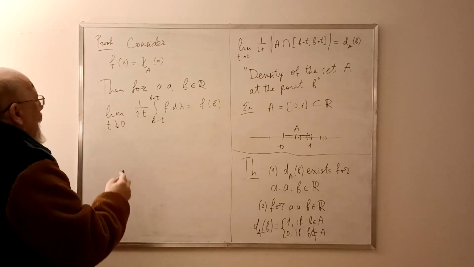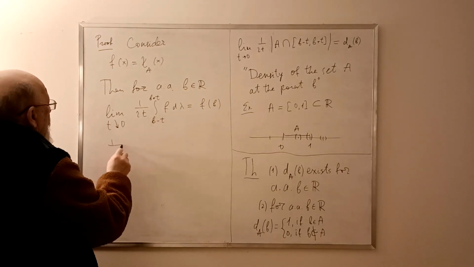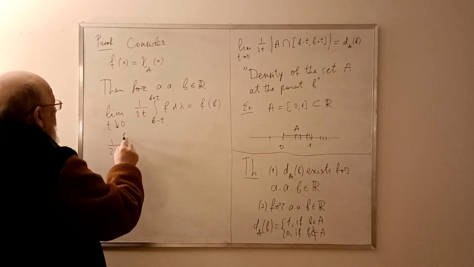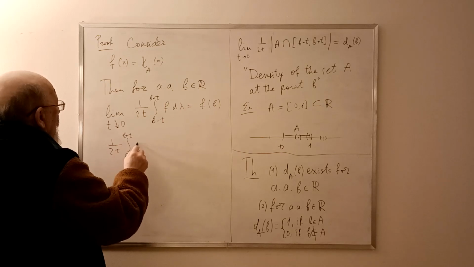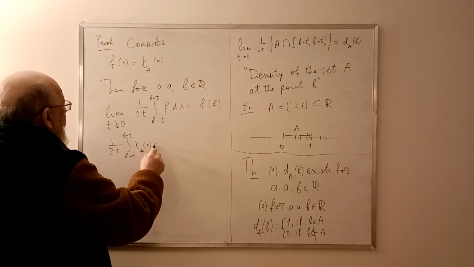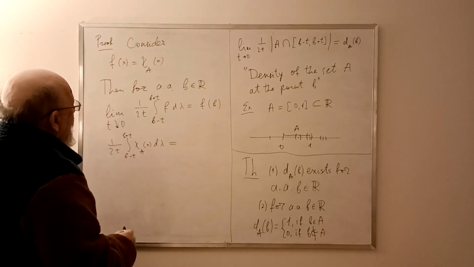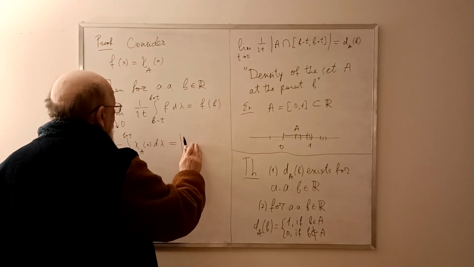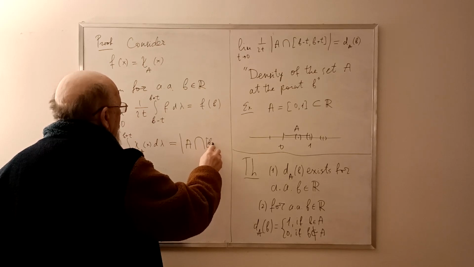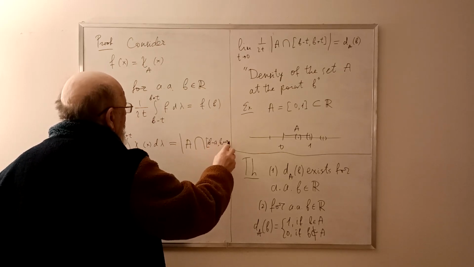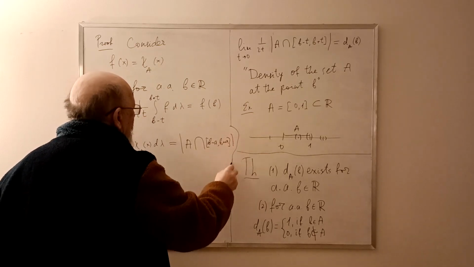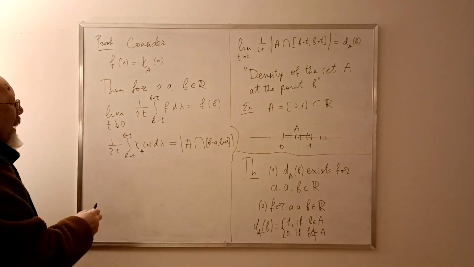Now, in particular, 1 over 2t integral from b minus t to b plus t of the characteristic function of A d lambda equals simply the measure of A intersection with (b minus t, b plus t). It is the outer measure of this set.